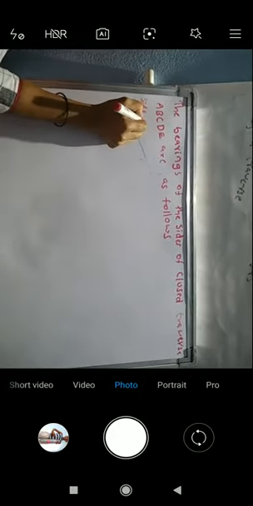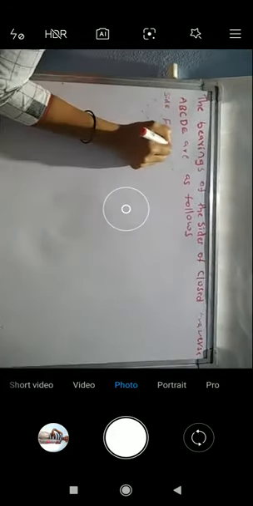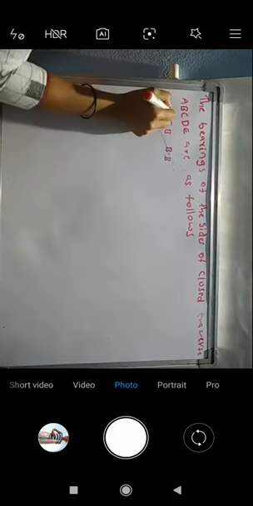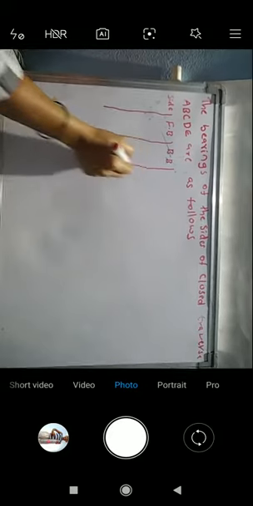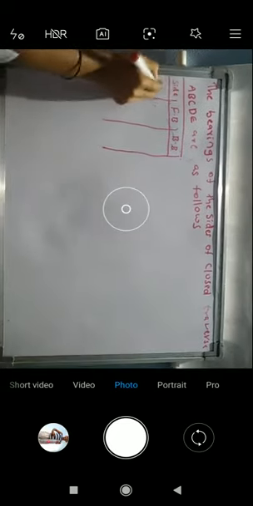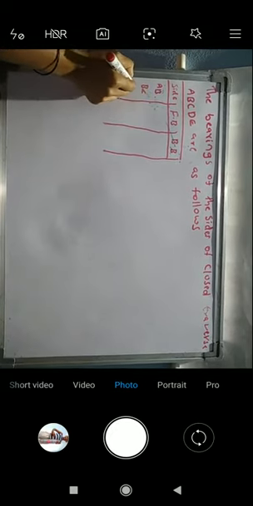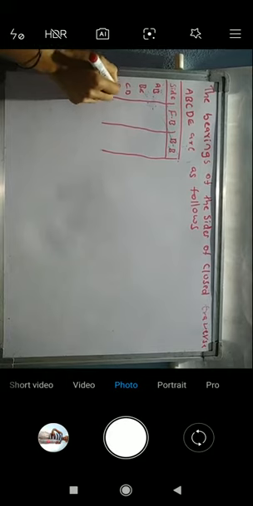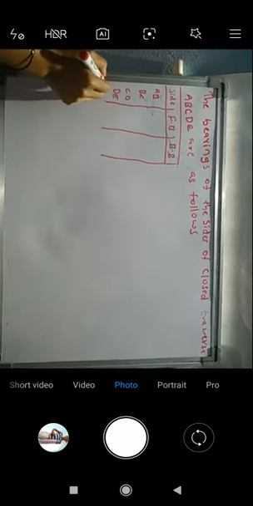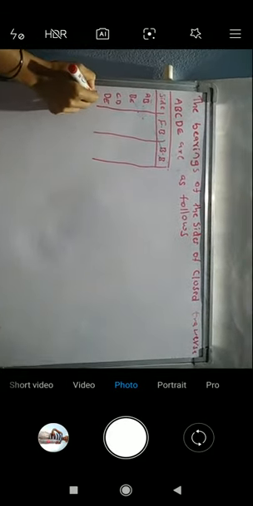So side, forebearing, back bearing. Sides are AB, BC, CD, DE and EA.